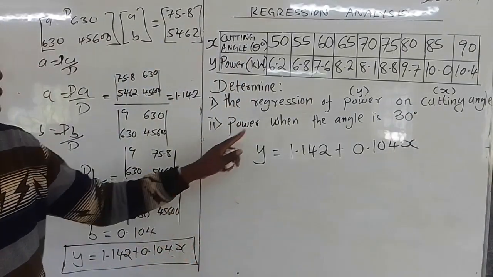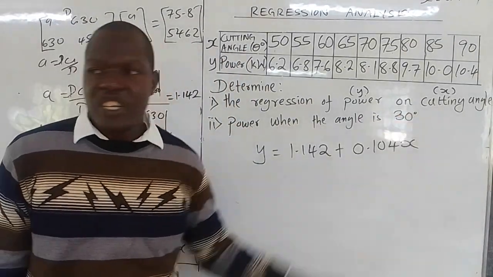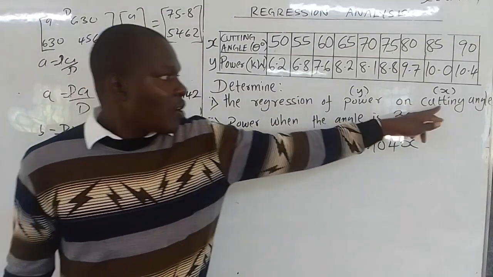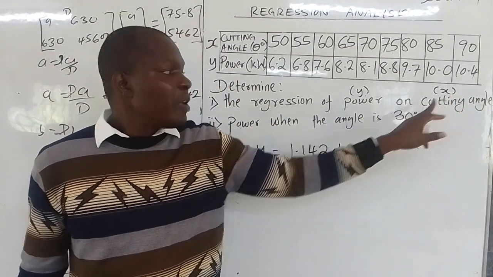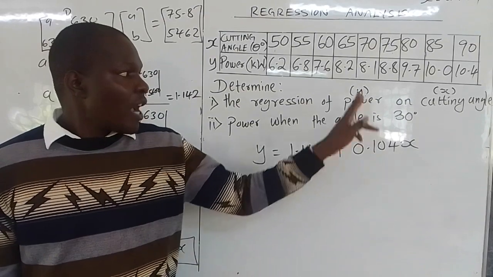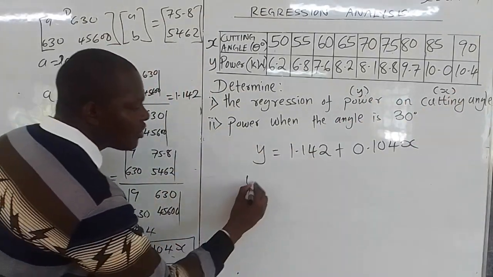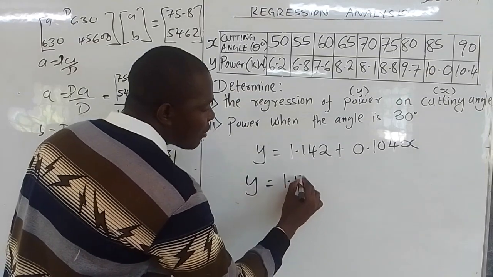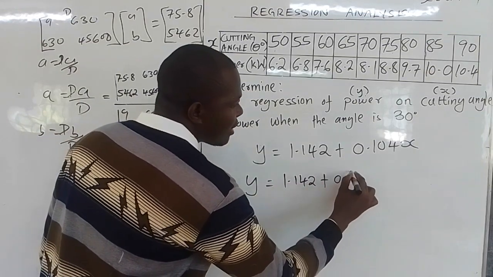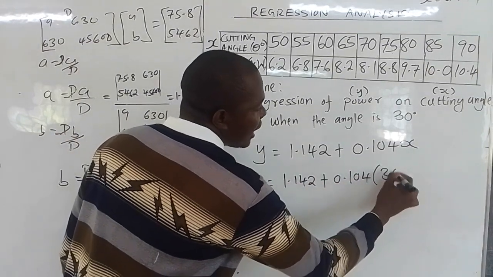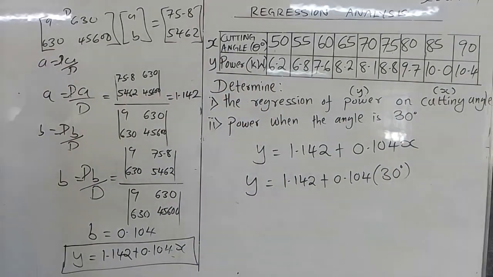So when they are telling you to get power when the angle is 30 degrees, and you know the cutting angle is x, meaning when x is 30 degrees, you get y. So it means y will be 1.142 plus 0.104 into the value of x.